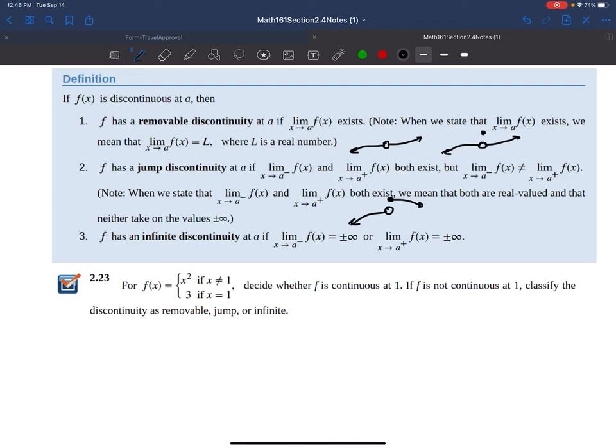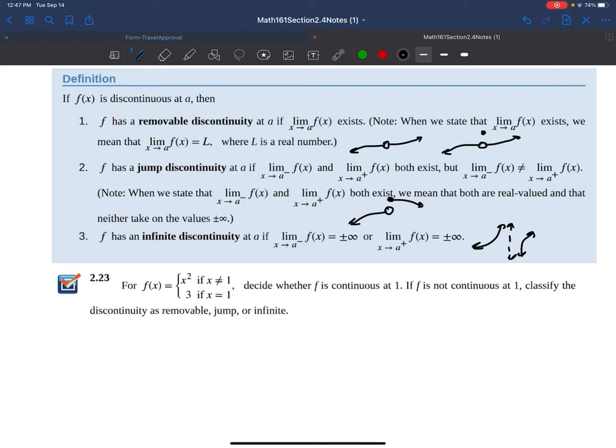And then an infinite discontinuity is obviously when we have an asymptote. And there can be lots of different variations on that theme. We can have them both going to infinity, both going to negative infinity, one going to infinity and one going to negative infinity, on either side respectively. So that's the difference between the removable discontinuity, the jump discontinuity, and the infinite discontinuity.